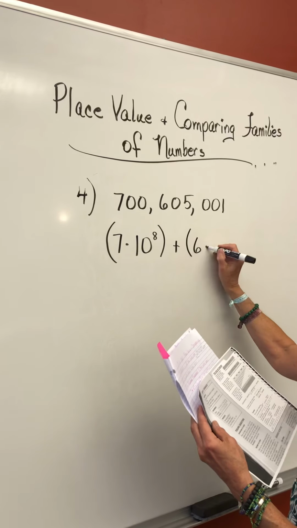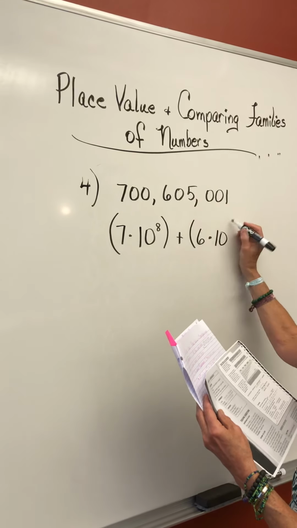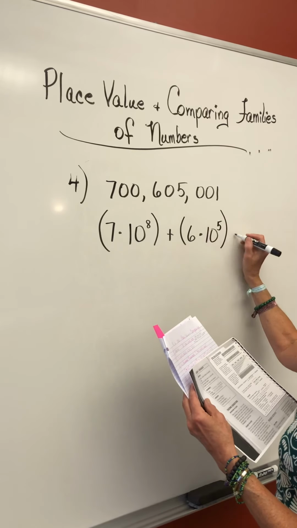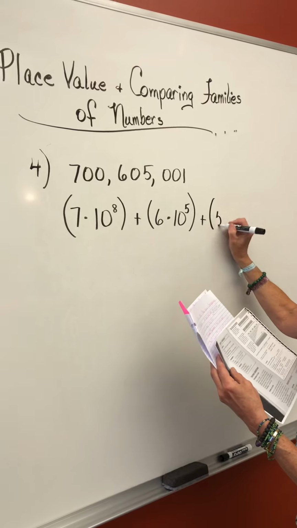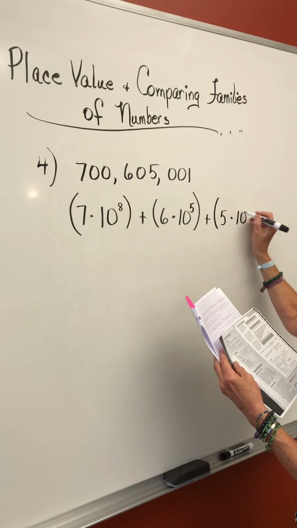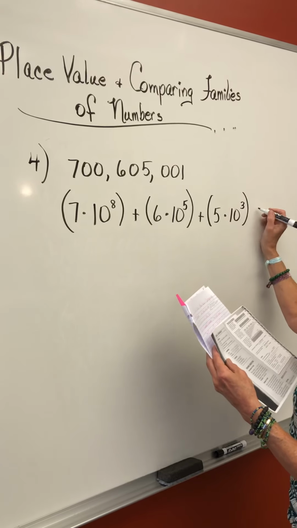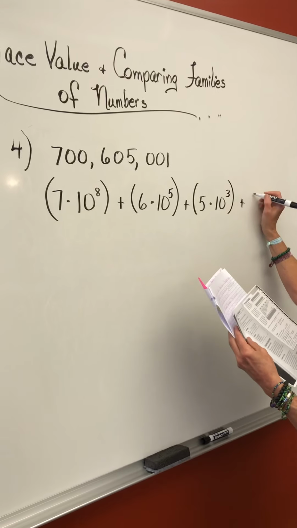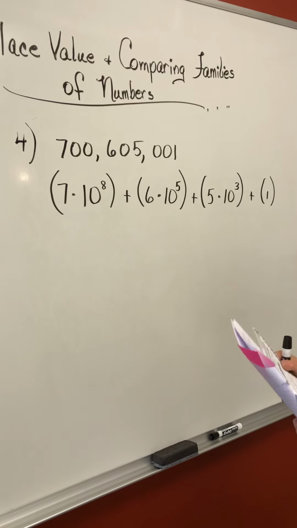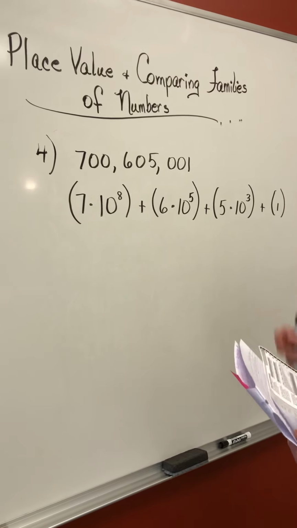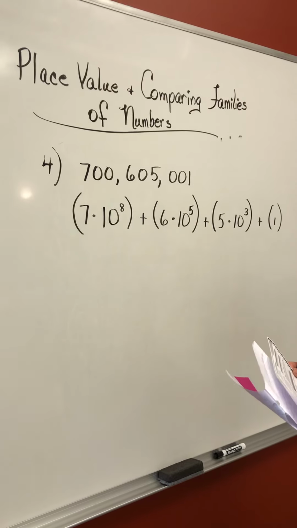We're going to multiply 6 times 10 to the 1, 2, 3, 4, 5th power. Plus, our next digit will be 5 times 10 to how many places in front of 5? 3. And then plus 1. Right? That's not times any 10 there, just 1. You could put 1 times 1, but I think 1 is fine to use there, okay?